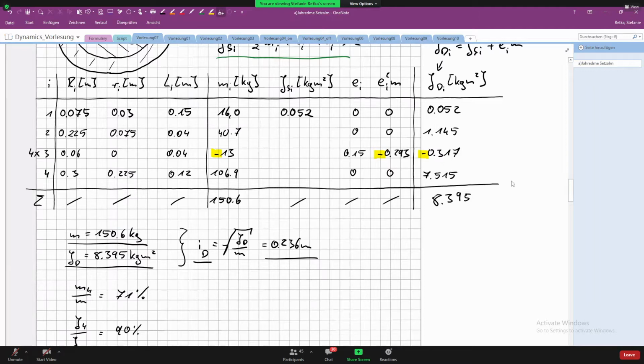Okay, if not, then this is all we will do in chapter 5. Chapter 5 is necessary to prepare us for the problems of chapter 6. So next week we will start with kinetics of rigid bodies, and in case of a general motion of a rigid body, we need to consider the mass moment of inertia of the system.